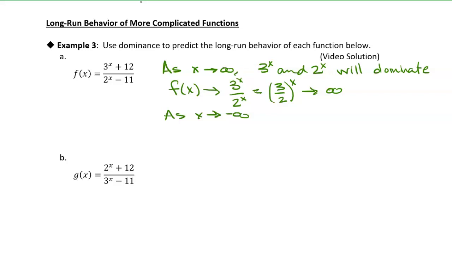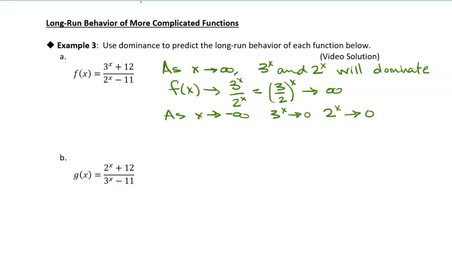So now what's going to happen? When we put in a negative value of x, this 3 to the x and the 2 to the x, if x is negative, those are going to go to 0. So 3 to the x goes to 0 and 2 to the x goes to 0.